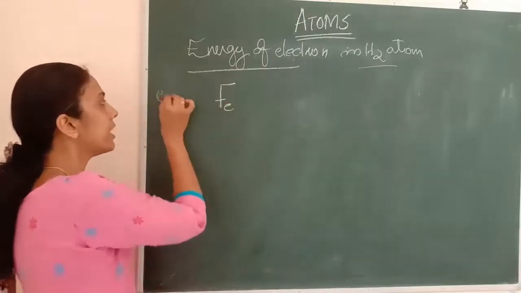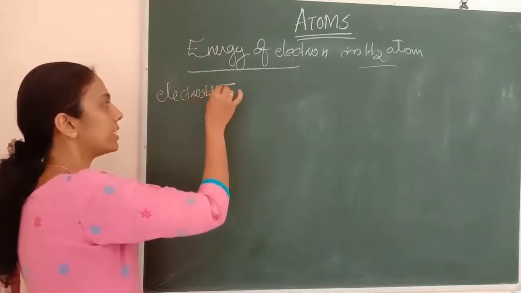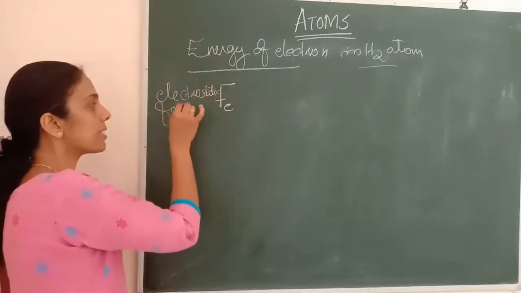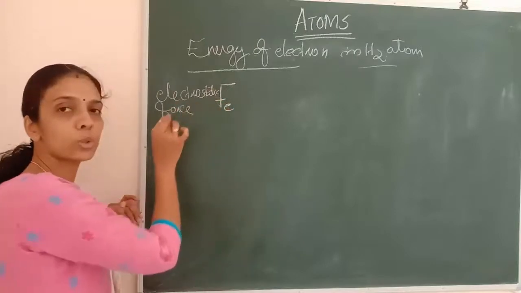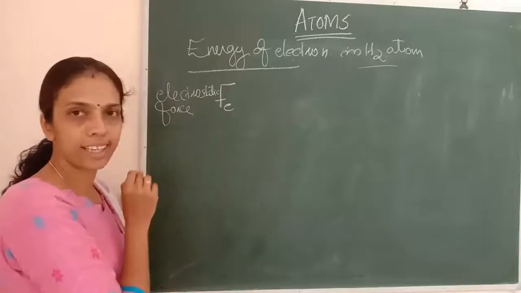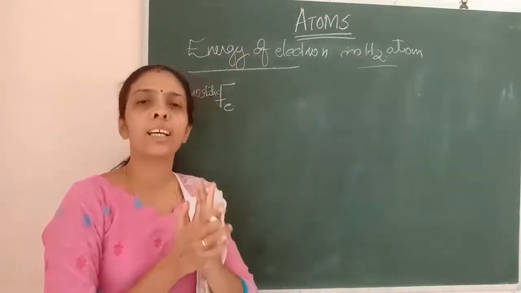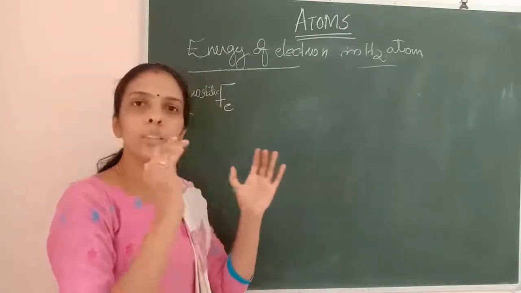Fe is the electrostatic force of attraction between the nucleus and the electron. So there is an attractive force between the electron and nucleus.